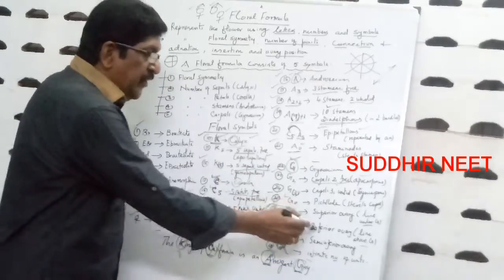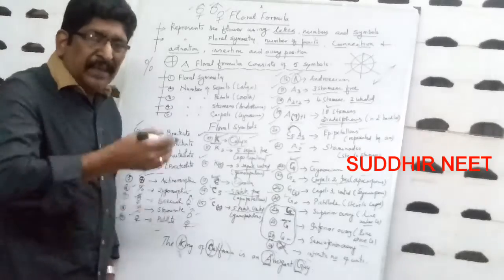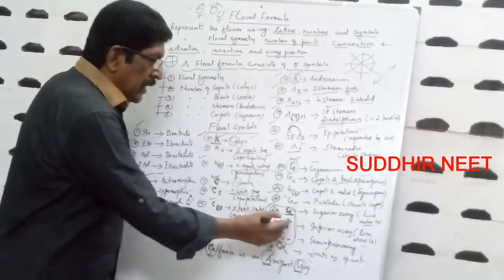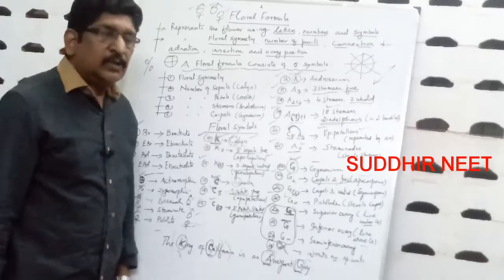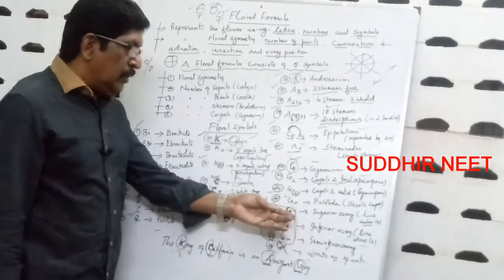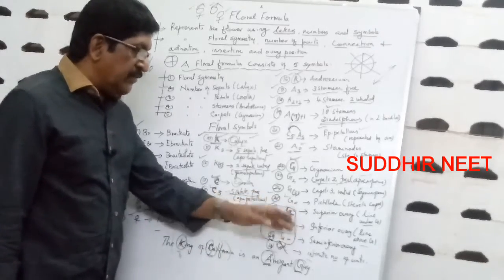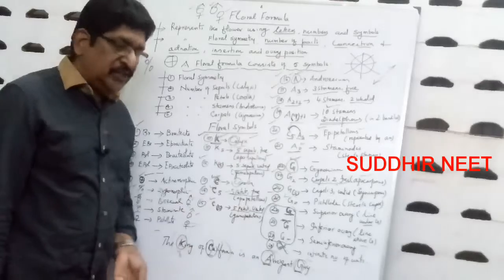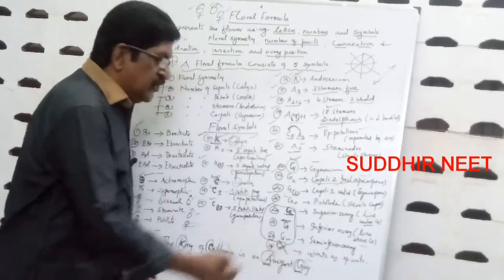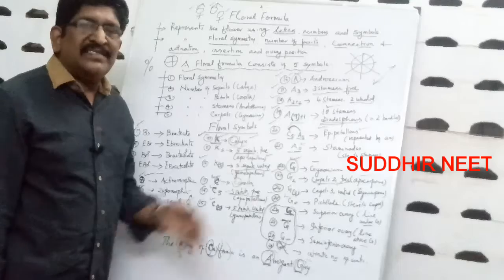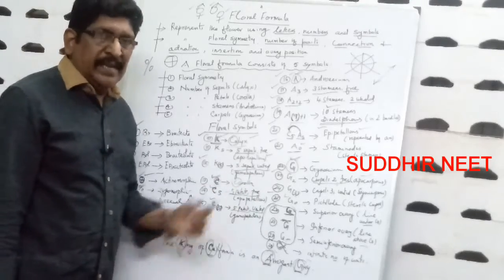If it is inferior ovary, epigynous condition, the line should be above the letter G. Superior ovary, line below the G. Inferior ovary, line above the G. If the line is in the middle of G, that means the ovary is semi-inferior, perigynous.